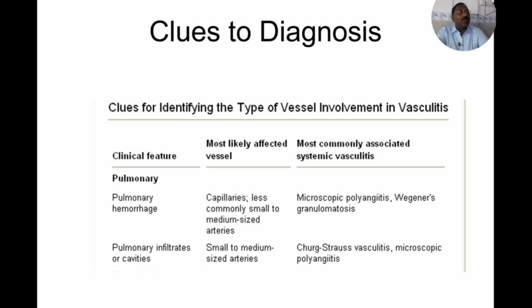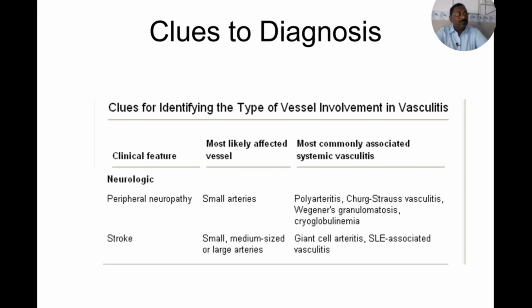Whereas in lower respiratory tract involvement, you will have nodules, cavitary lesions, pulmonary hemorrhages, hemoptysis, etc. Pulmonary infiltrates and cavities. In small to medium-sized arteries, you have Churg-Strauss vasculitis and microscopic polyangiitis.